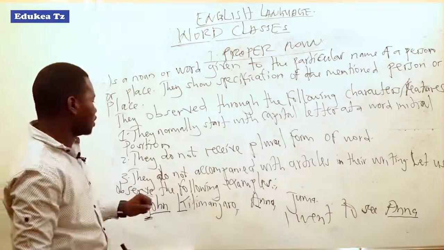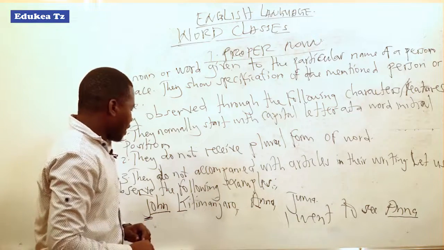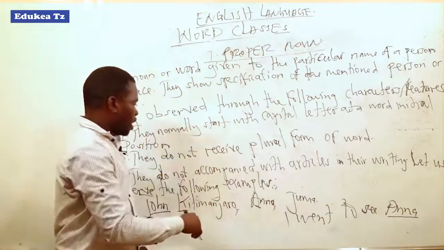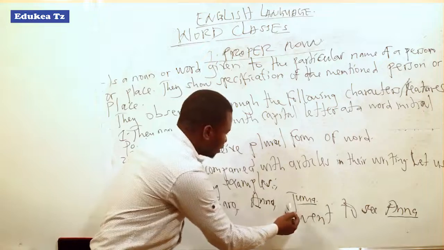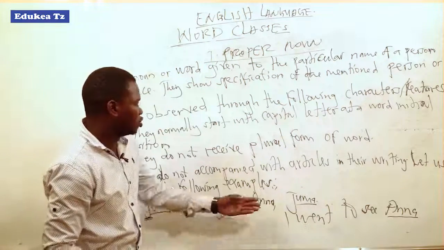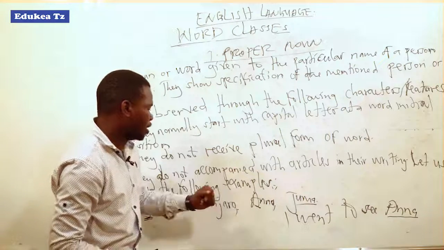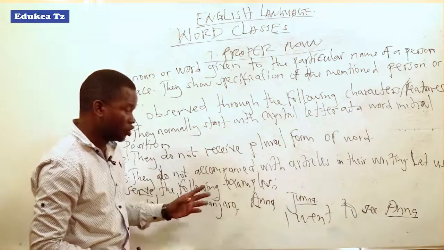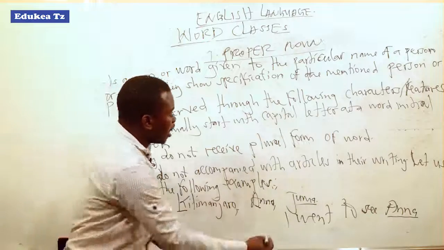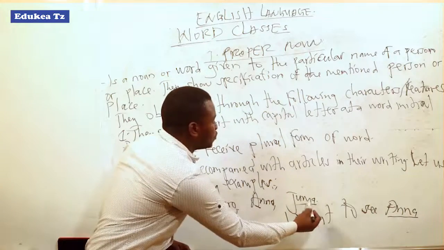So this A is capitalized simply because this is a proper noun. This is just a clarification about proper nouns. Again, we have the last example, Juma. This Juma starts with a capital letter in the word's first position. Again, the word Juma does not receive a plural form.